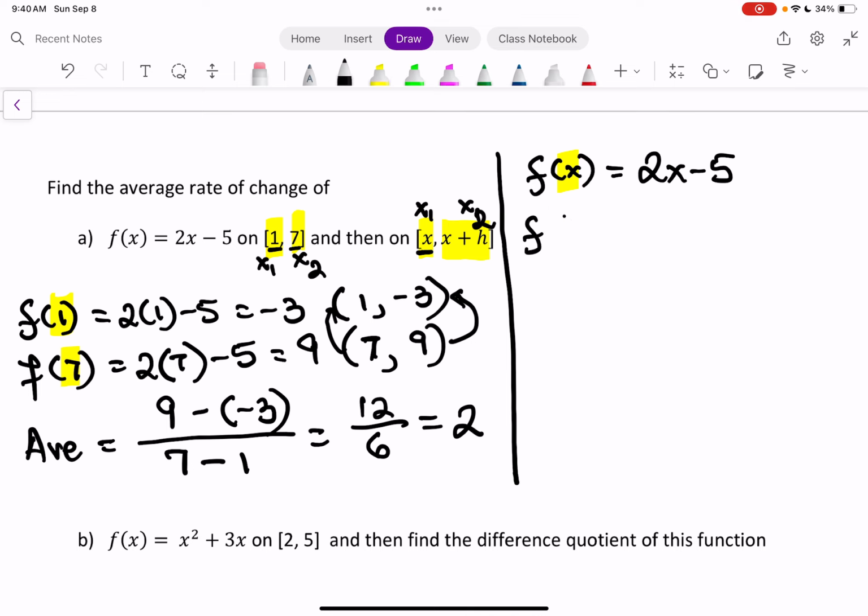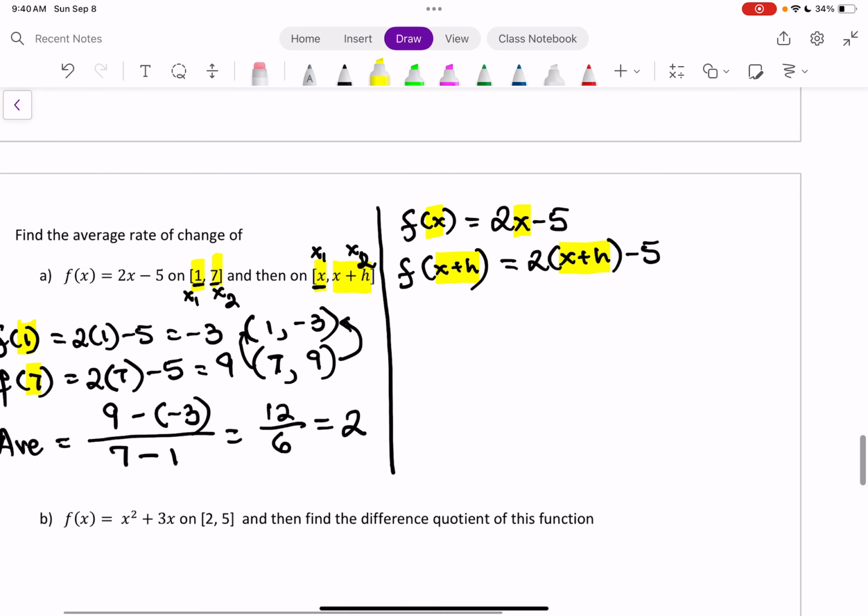Okay. So that's 2 times (x plus h) minus 5. Wherever I see x, I substitute it with x plus h. And by the way, this very well simplifies to 2x plus 2h minus 5. Now to find the average rate of change, we have to do still what?